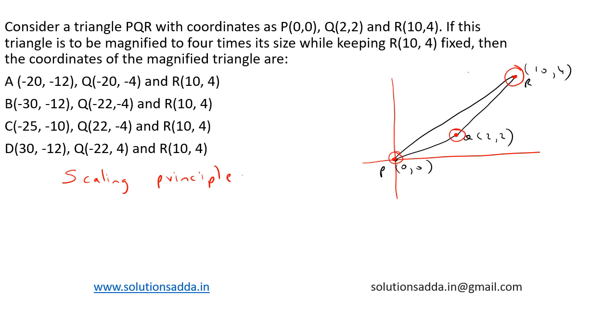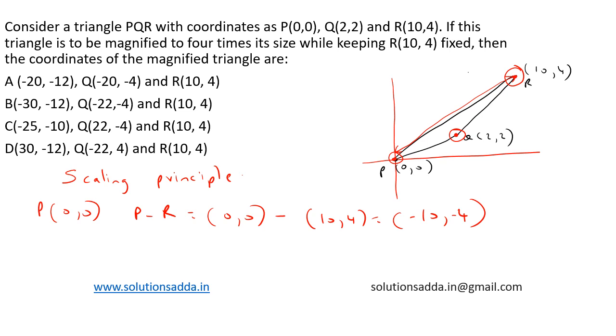We'll start with this point P. P is at coordinate (0,0). Now the vector RP, or the vector from R to P, R is a fixed point. This vector can be calculated as P minus R, which is equal to (0,0) minus (10,4), which is equal to (-10,-4).